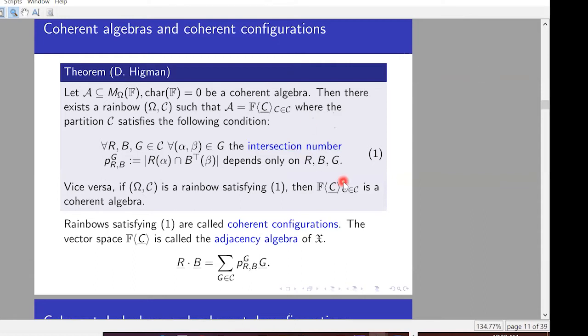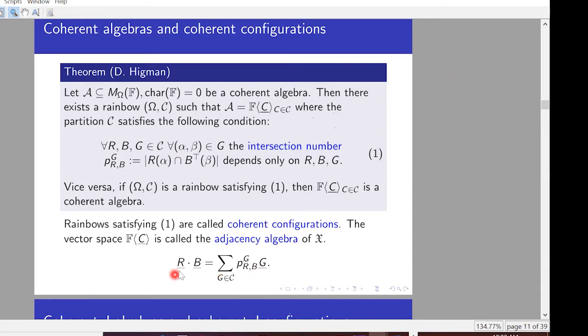So, it also works in the other direction. If you have a rainbow which satisfies this condition, and if you take a linear span of adjacency matrices, you will always get a coherent algebra. So the rainbows which satisfy this condition are called coherent configurations. And this vector space is called the adjacency algebra.